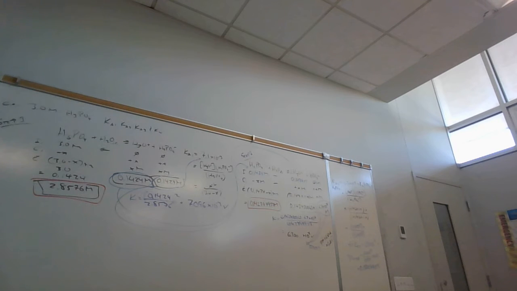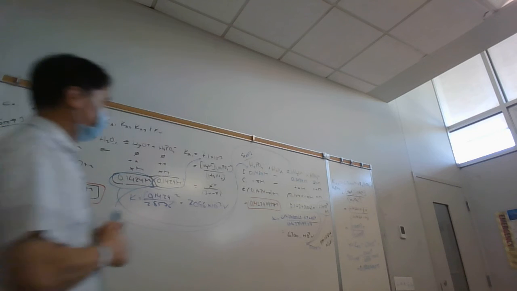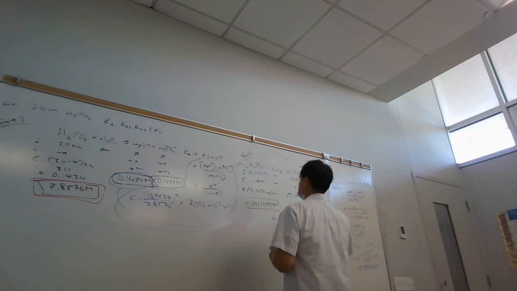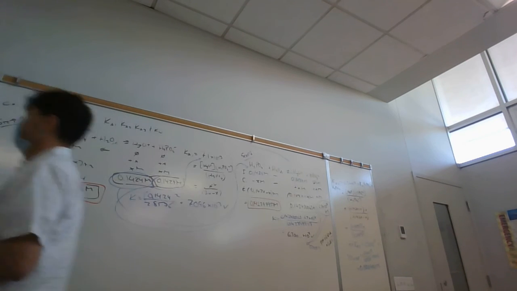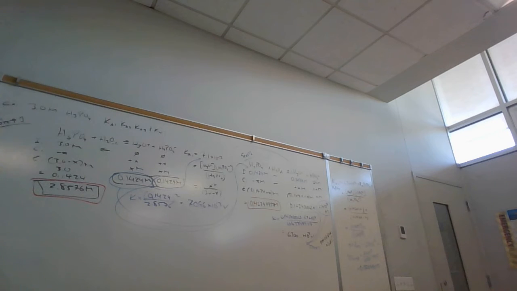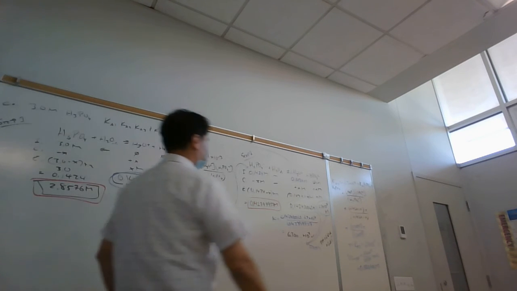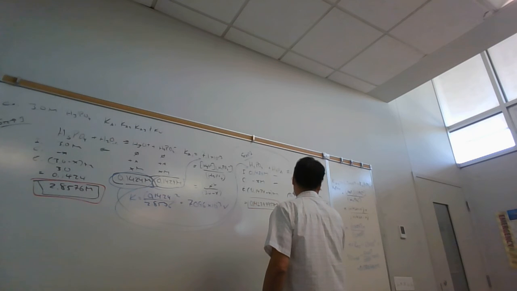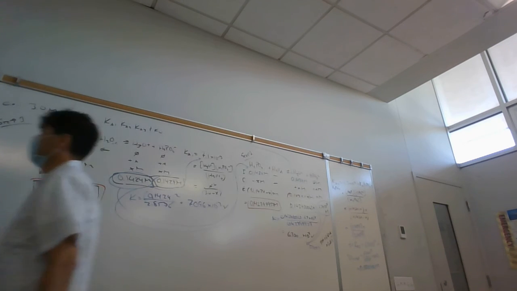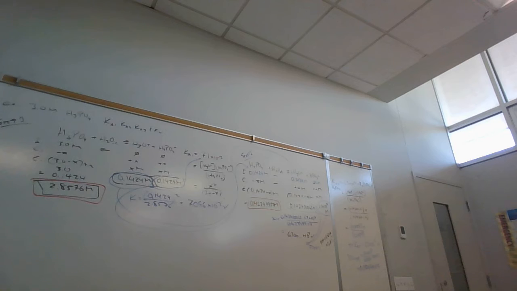So we're going to bring down the concentration of monohydrogen phosphate, 6.3 times 10 to the minus 8, that comes from the previous step. And then we're going to bring down hydronium, which is 0.14240063.